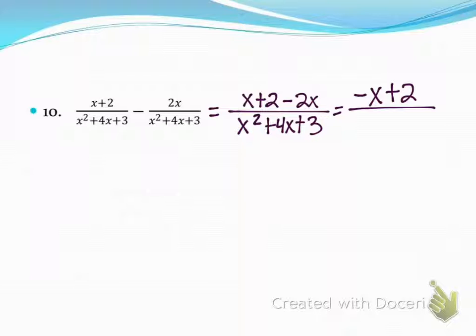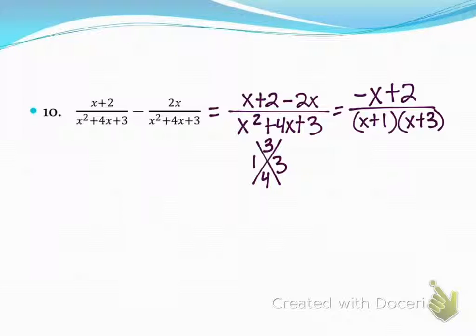What can I do in my denominator? The x method to factor it. What goes in the top of my x? The bottom. On the sides? 1 and 3, which means this factors to be what? Beautiful. Seems like we're doing really well with our factoring.